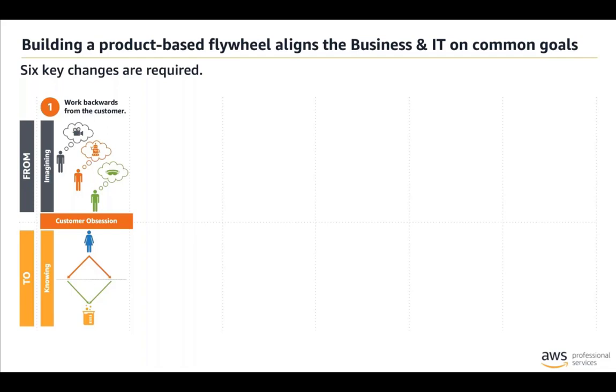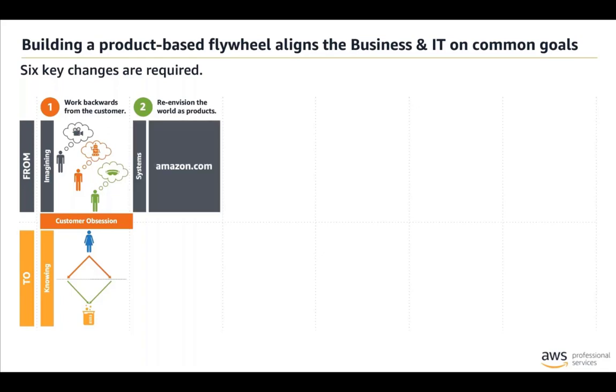Number 2, re-envision the world as products. In many companies, systems that support the business are large, complex, tangled messes of functionality that have developed organically over time. Once upon a time, Amazon was no different. The system that supported the Amazon.com business was a large Java-based e-commerce application.